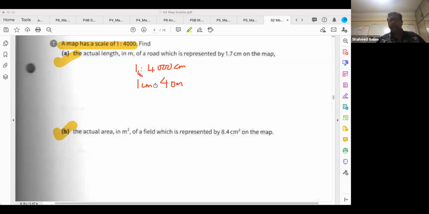Now, if it's 1.7 cm, can you see now how easily it becomes what? So it's 40 times 1.7. You will get 68 meters.